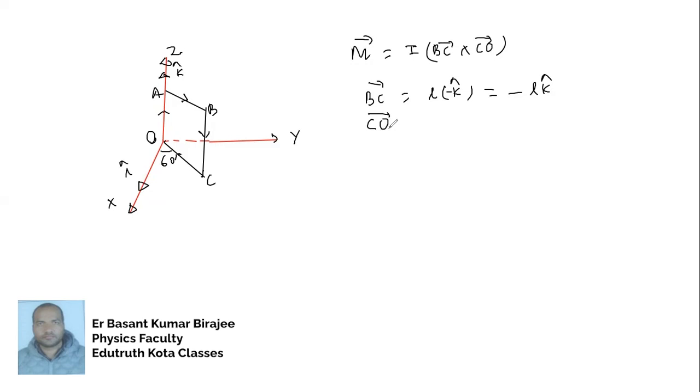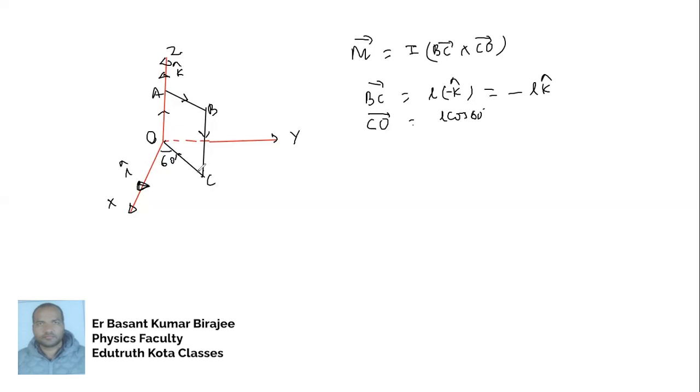Its x component will be L cos 60, and in this direction you have the unit vector i, so in the opposite direction you will have the unit vector.